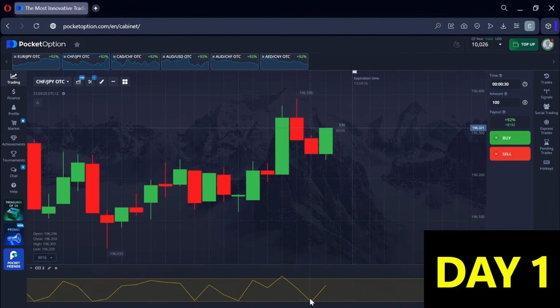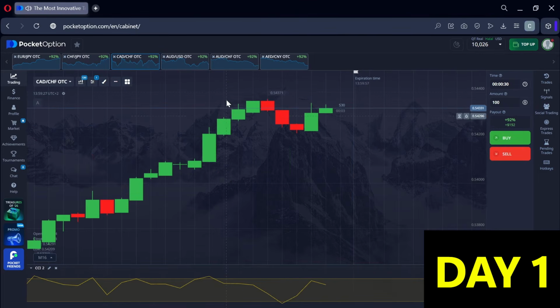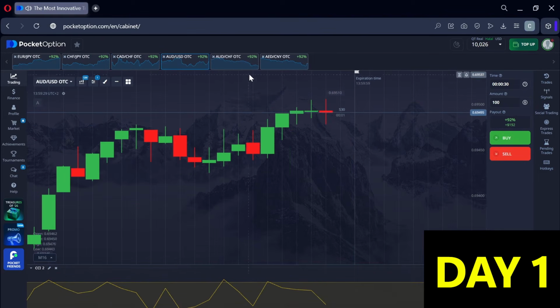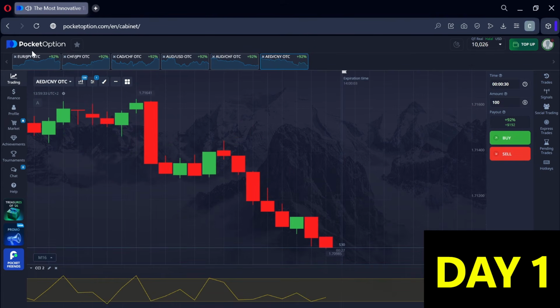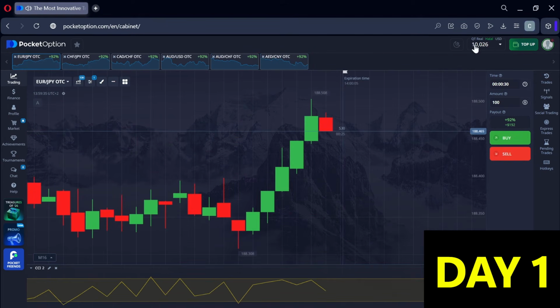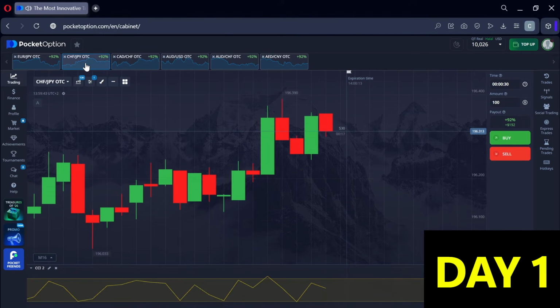Looks like this would have been a better time to take a trade, but that's just the luck of the draw, right? And also these strategies aren't a guarantee to make money. And if you're wondering why my balance is at 10,000, it's because I'm actually starting a challenge where I'm going to be testing a whole bunch of strategies and trying to grow my $10,000 accounts.